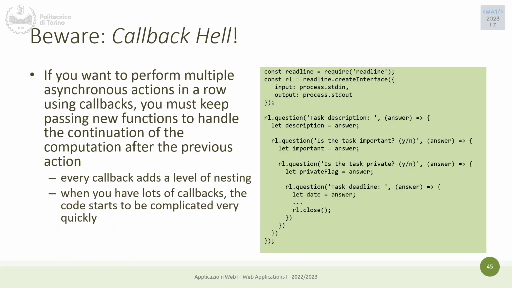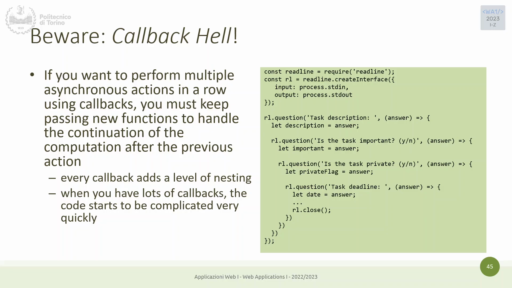And I already spoiled you the name of this very tricky situation that occurs when you want to perform multiple asynchronous actions in a row using callbacks. And you see here basically a recursive program in which you have this question that is continuously asked, and you have the 3 dots because this program could be written in this way forever.